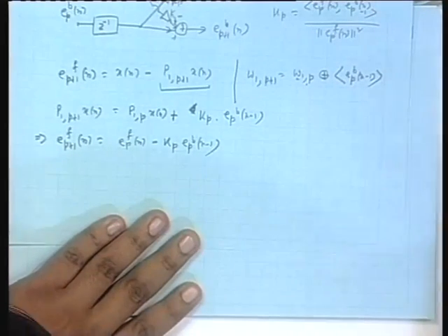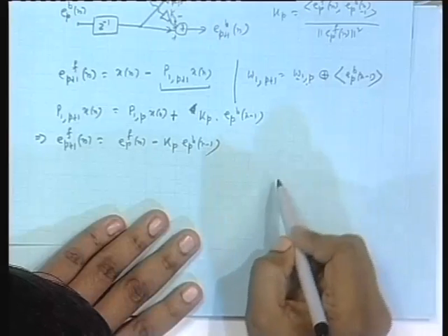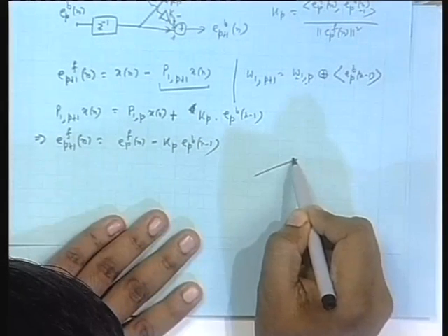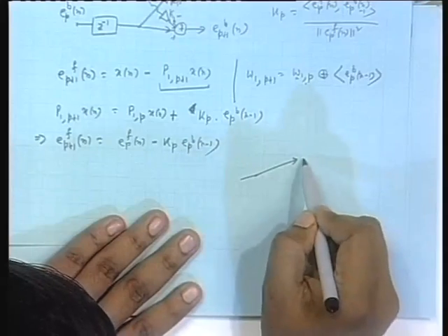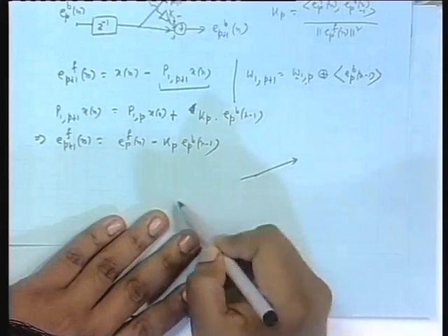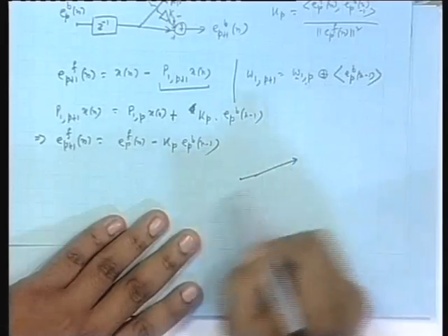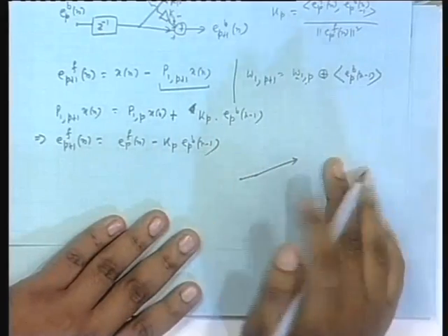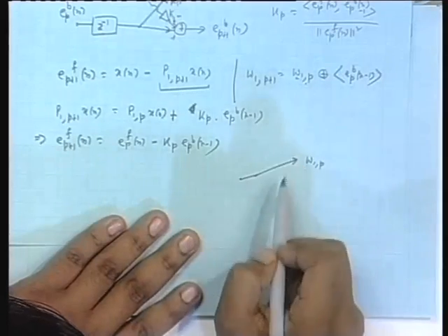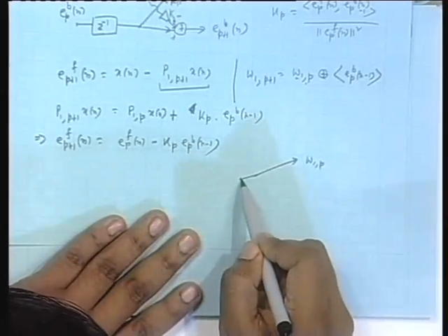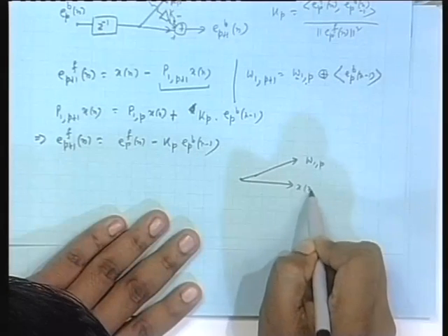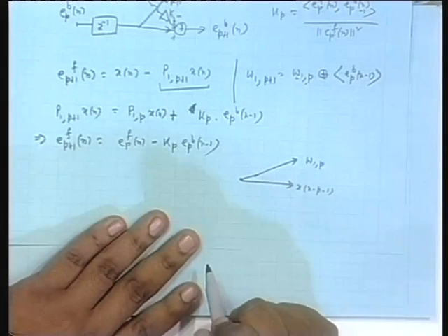Suppose we have a situation like this, that this line corresponds to a subspace. Anything on this line, this origin, this line is a subspace, isn't it? Suppose this line is W1 comma P. This is indicated by this, and you had got this fellow, the last component. What we will do?